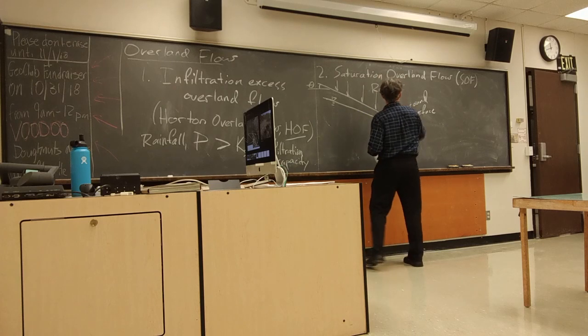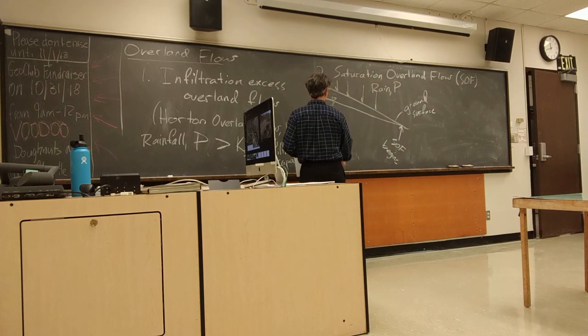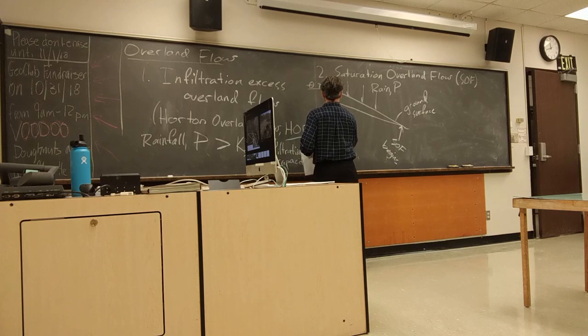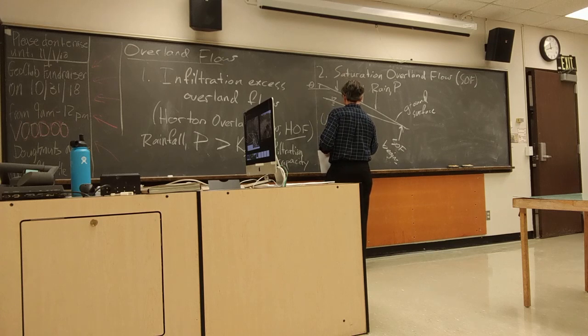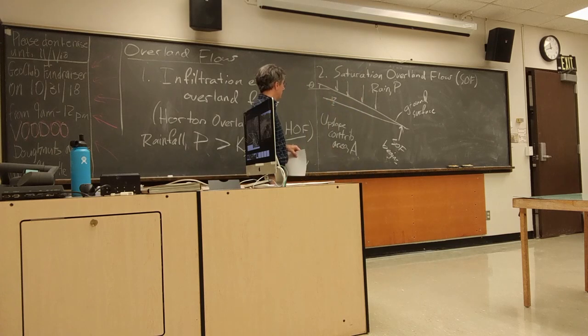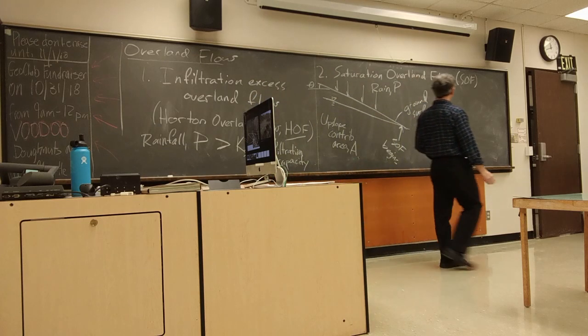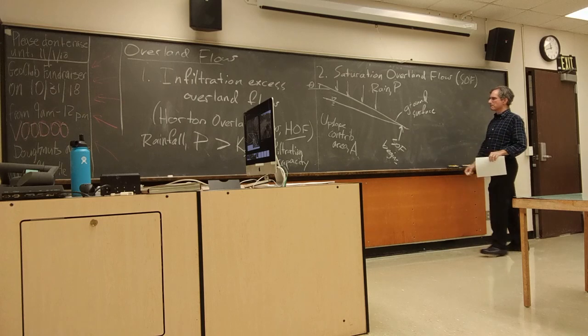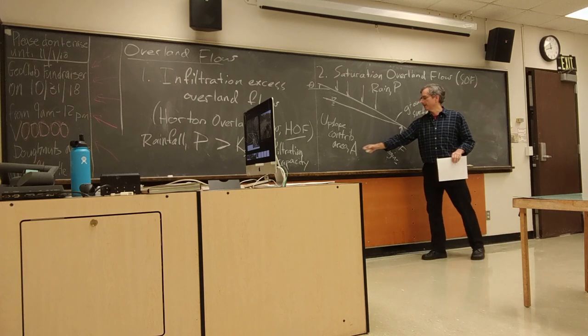So my rainfall rate again is P. I've got some upslope contributing area. Call it capital A. So that A is upslope of that point.